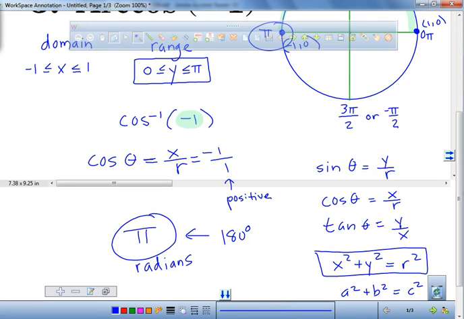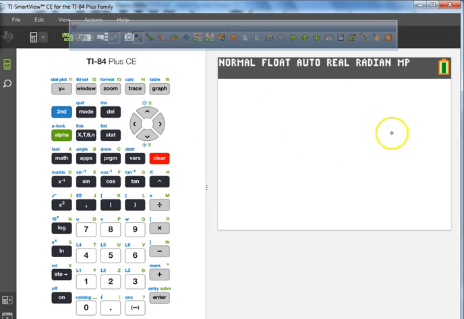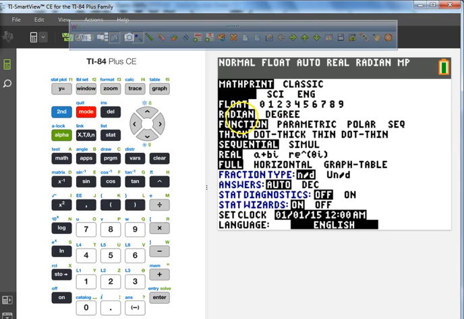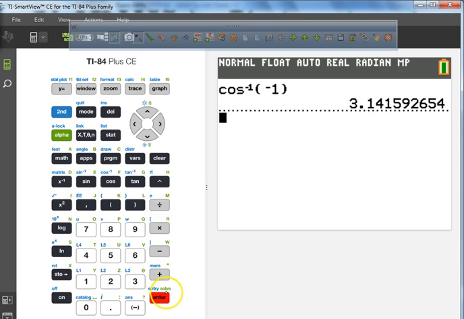Okay? So right now, I'm going to go to my graphing calculator and make sure your mode is in radian mode. Okay? And I'm going to hit second cosine, which is arc cosine, and I'm going to type in a -1, like that, and hit enter.